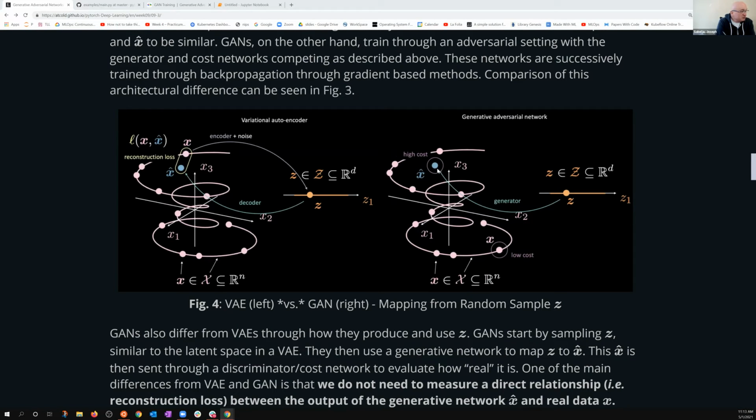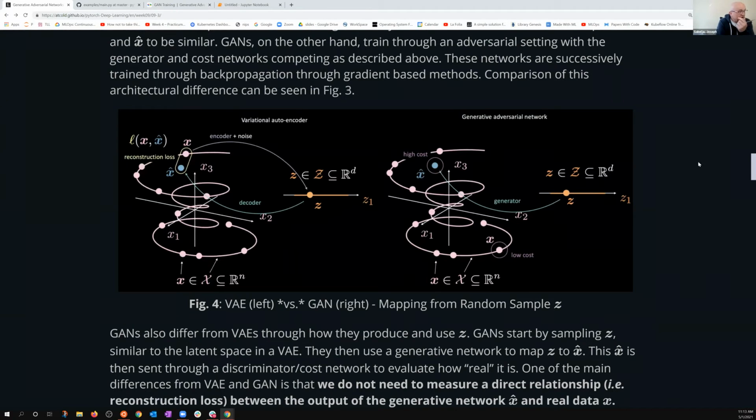But by using adversarial techniques, you're trying to have the generator learn how to minimize the distance and actually get to the manifold, to get to the low cost space.